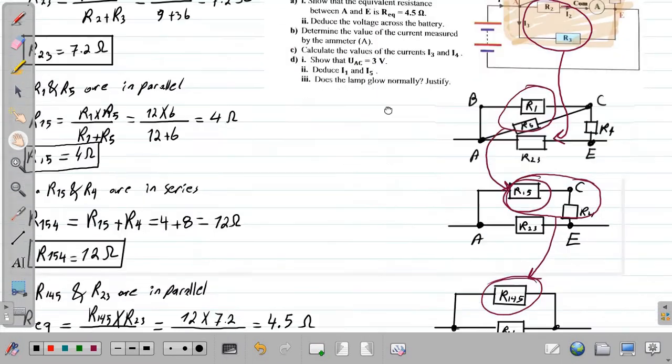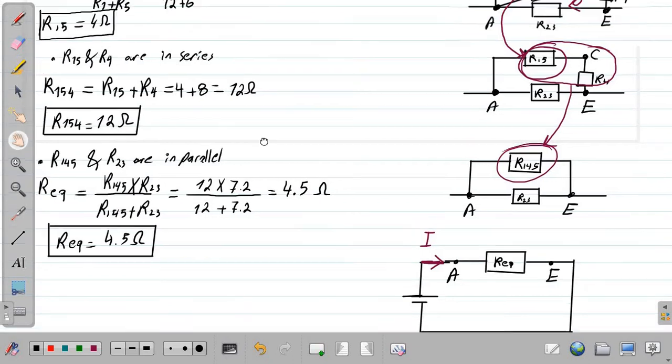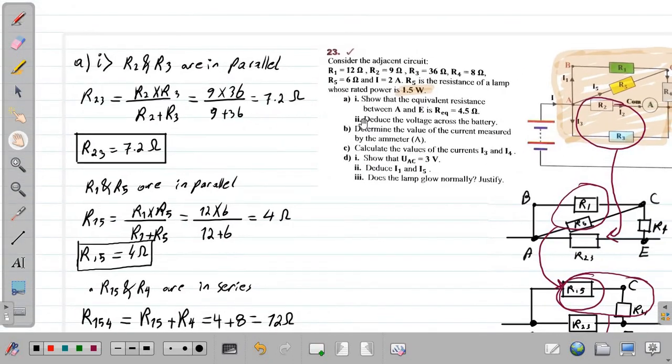From this to this. وطبعا لا ننسى انه في عندي I main current بيبقى نفسه. Anyway خلونا ننتقل للبارت الثاني من الكويشن.